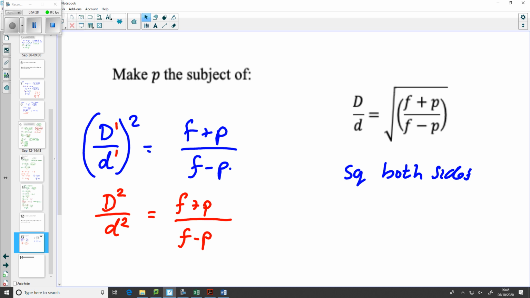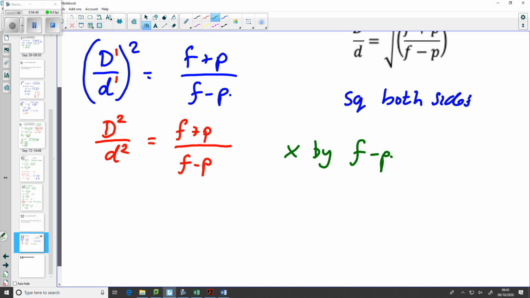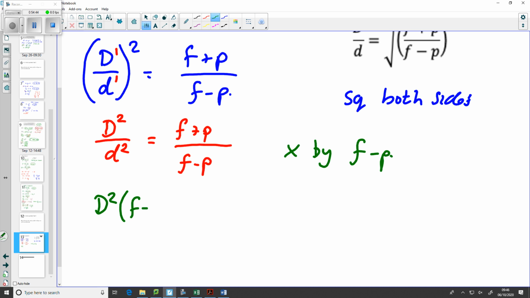Well, that won't make it positive, but we can multiply by F minus P in one go. So what we end up with is D squared times F minus P over little d squared is equal to F plus P.